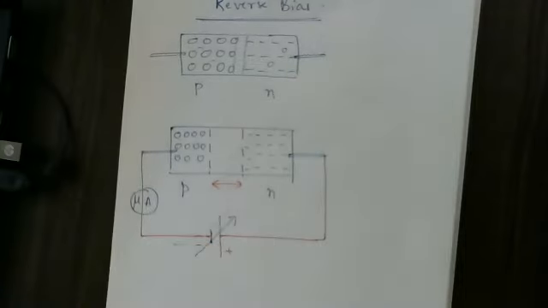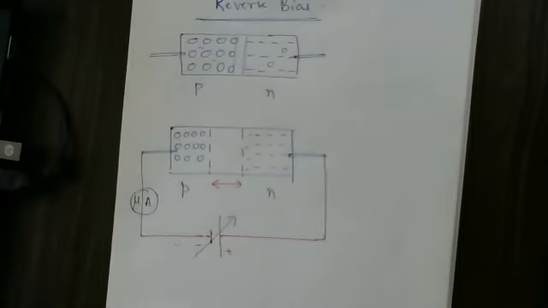In the case of forward bias, we connected a milliammeter. Here we are connecting a microammeter. Micro is 10 to the power minus 6, milli is 10 to the power minus 3 amperes. Here we are supposed to measure 10 to the power minus 6 amperes.